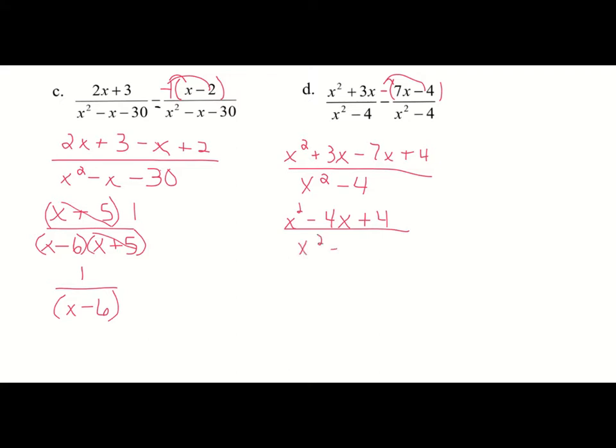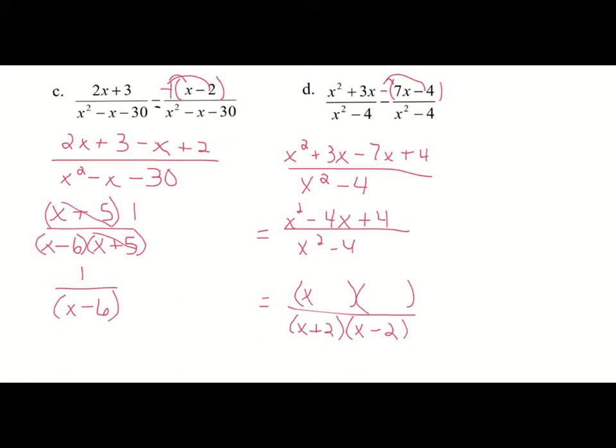And now I do want to see, can I factor? I know the bottom I can factor to x plus 2, x minus 2. So I'm going to factor that. The top is a perfect square trinomial. It's an easy trinomial.